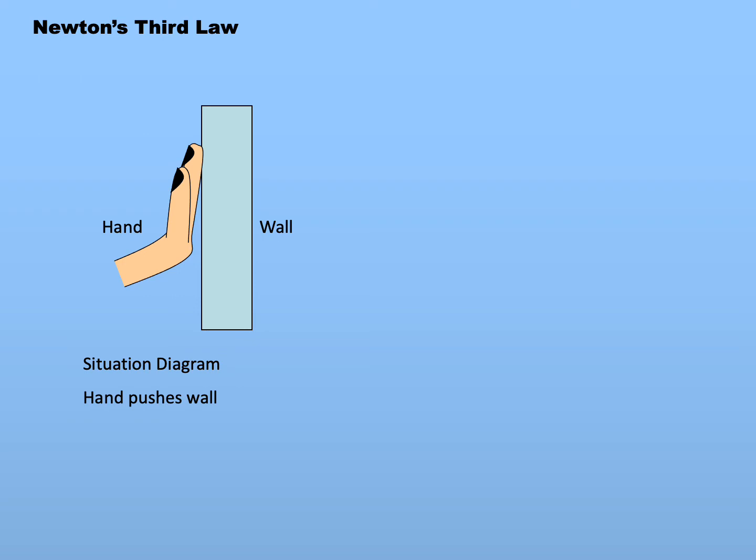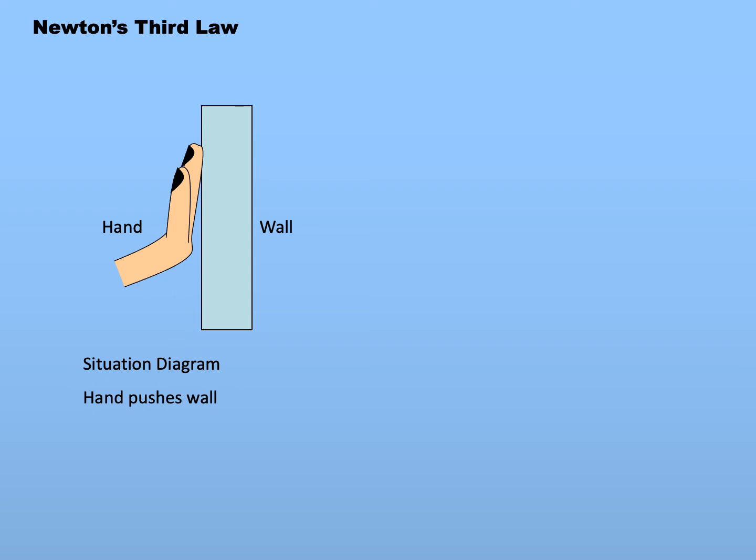There's a hand, I admit, rather strange looking hand, but it's quite tricky to draw. And it's pressing on the wall. So we've got a hand pushing on the wall there. Well, first of all, notice there are two bodies involved here, the hand and the wall. That's going to prove to be important.